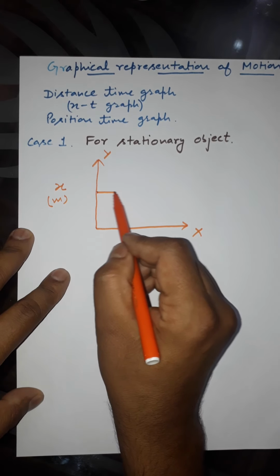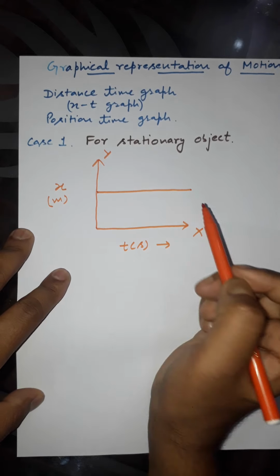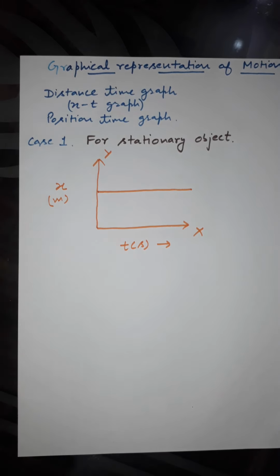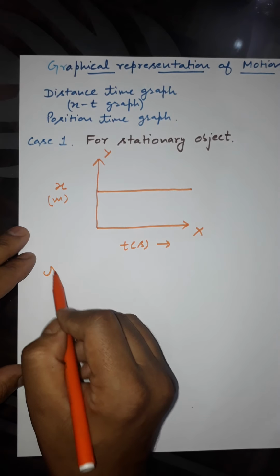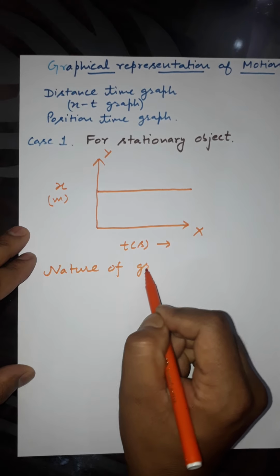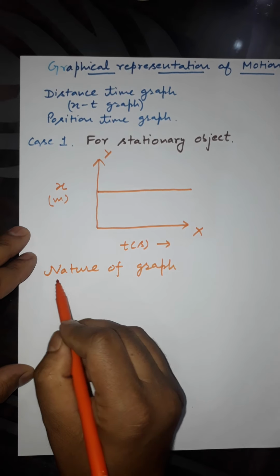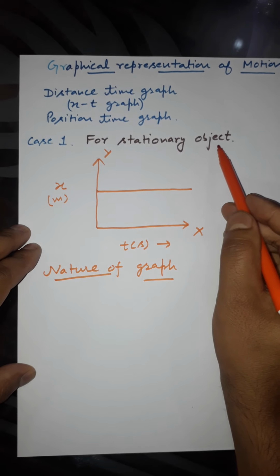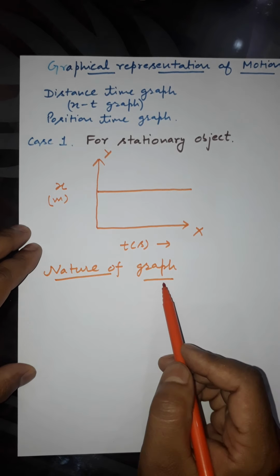So we'll have a straight line as a graph. So we can write the nature of the graph here. Nature of graph. Which graph? Xt graph for stationary object. So what is the nature of graph here?